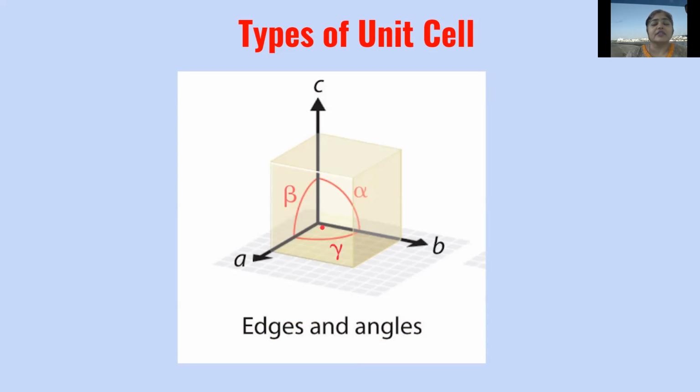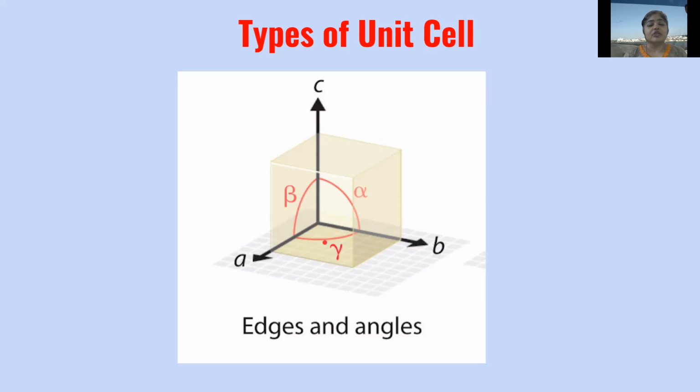If the edge lengths are named A, B, and C, then the angle between the edges A and B is denoted as gamma, that between the edges B and C is denoted as alpha, and the angle between the edges C and A is denoted as beta.